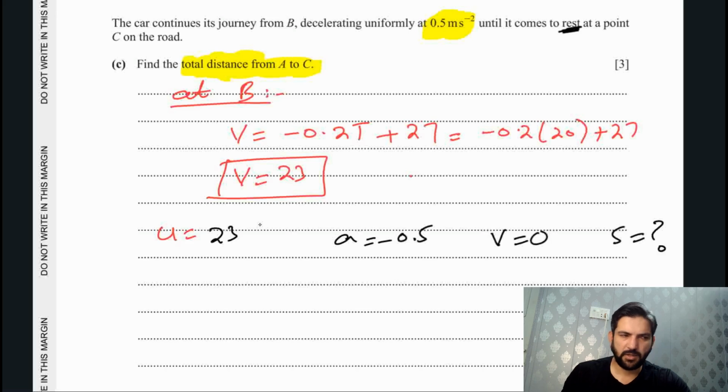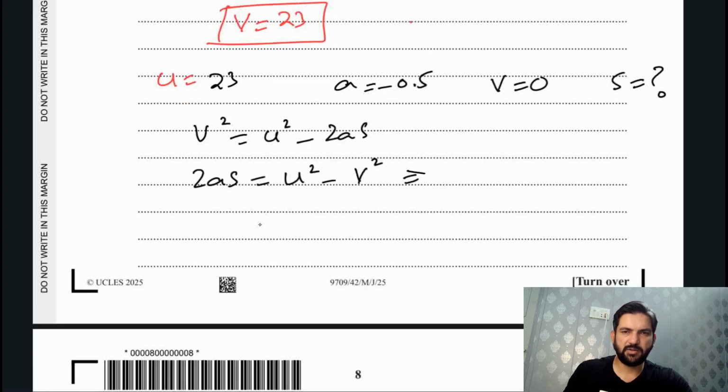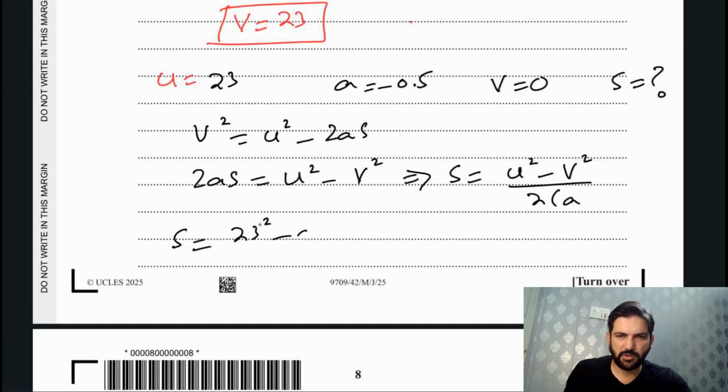So we can use the equation v squared equals u squared minus 2as. If we rearrange it, 2as equals u squared minus v squared, so s equals u squared minus v squared, whole divided by 2a. Finally the distance will be 23 squared minus 0 squared divided by 2 into minus 0.5.